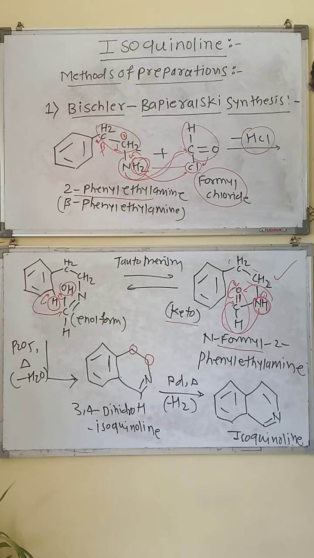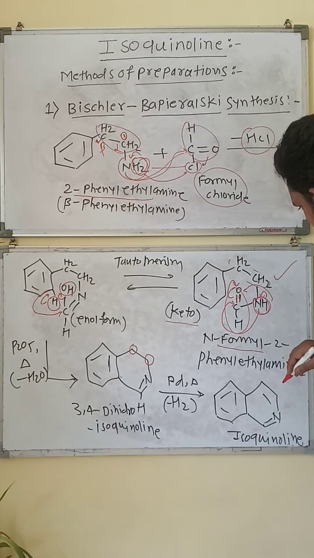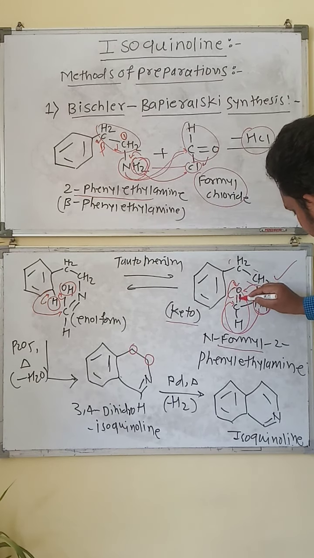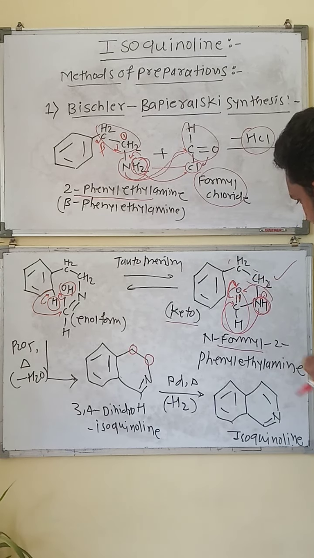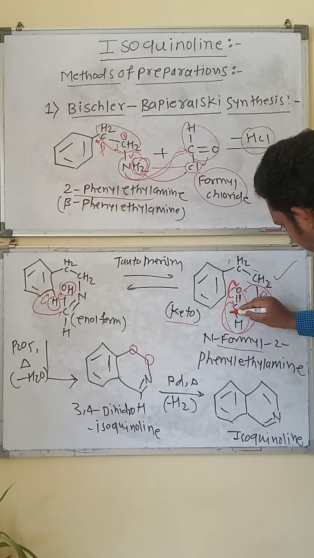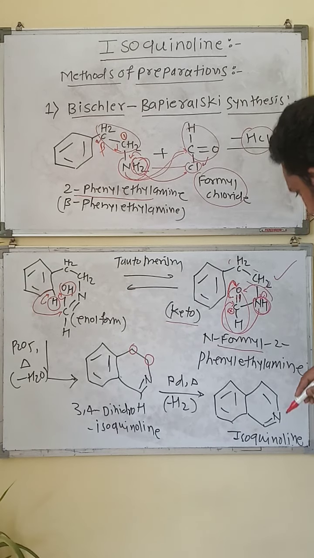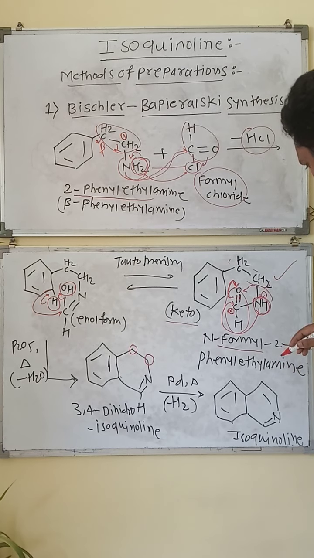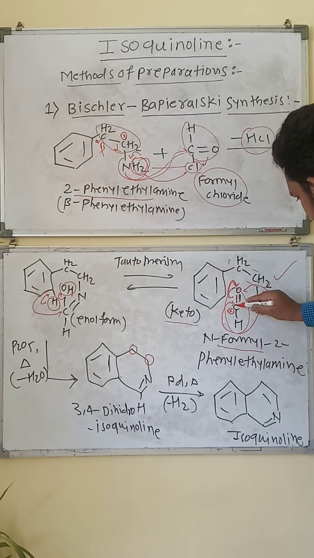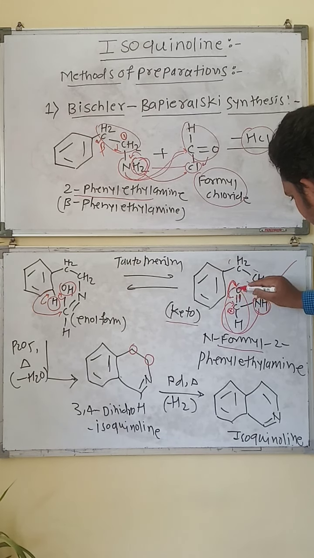First of all, in this structure the carbon oxygen double bond breaks, the lone pair of electrons shifts to oxygen, and this carbonyl carbon becomes electron deficient. So there is formation of an electron deficient carbon and an electron rich oxygen.